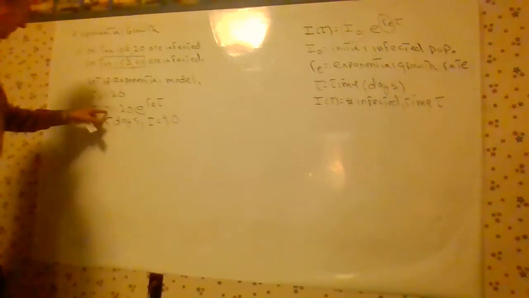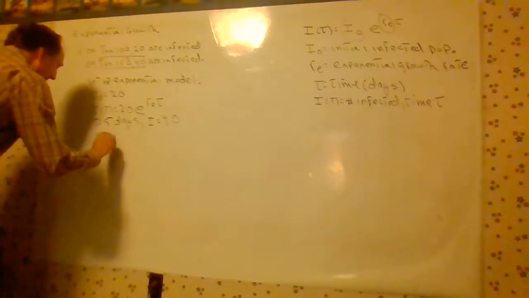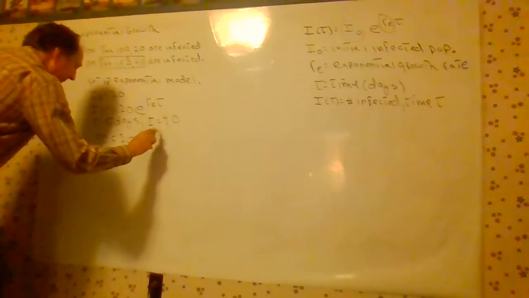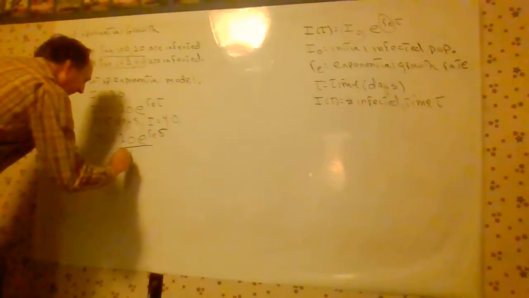So we can substitute 40 here, 5 here, and we get 40 equals 20 e to the RE times 5. And then we can divide by 20.